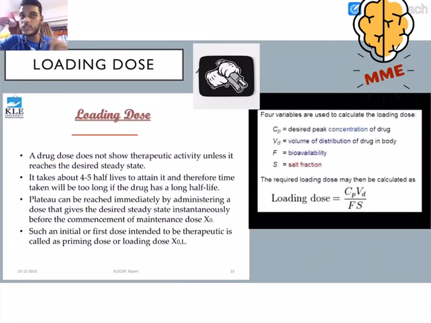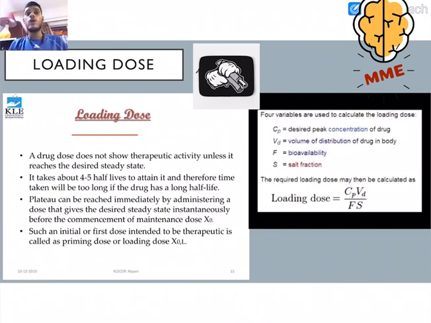I'll come to the maintenance dose later. Now first, what exactly do we mean by loading dose? For example, drugs which have a long plasma half-life, that is, they take a very long time to attain the desired therapeutic concentration in the blood. But our patient is very critical. We need to treat him or her as quickly as possible, right?